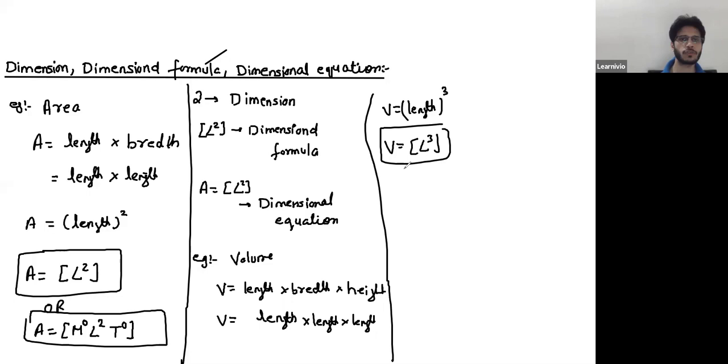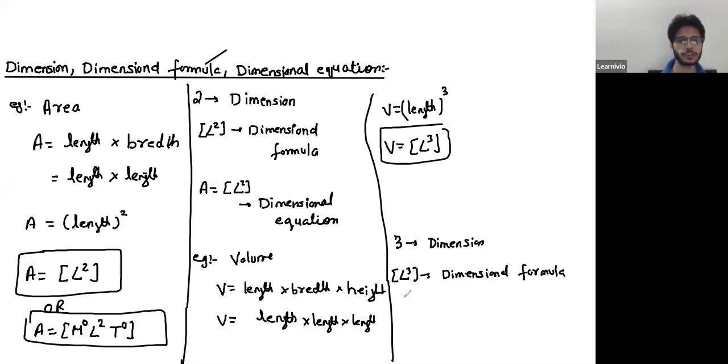What is the dimension of volume? The dimension of volume is 3. What about the dimensional formula? L cube is the dimensional formula.